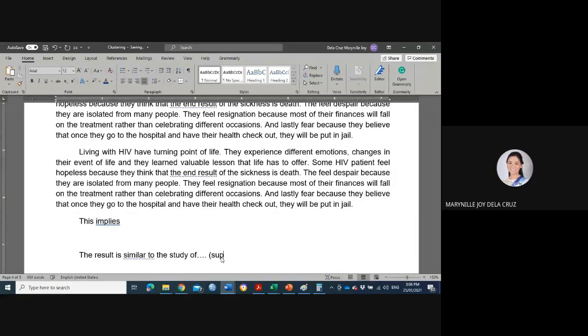This is your supporting evidences and your implication. You always need to write your implication. So in this case, your implication focuses on your opinion about the result.